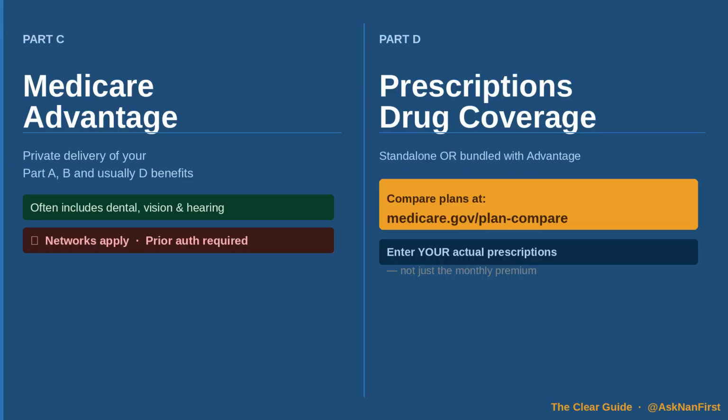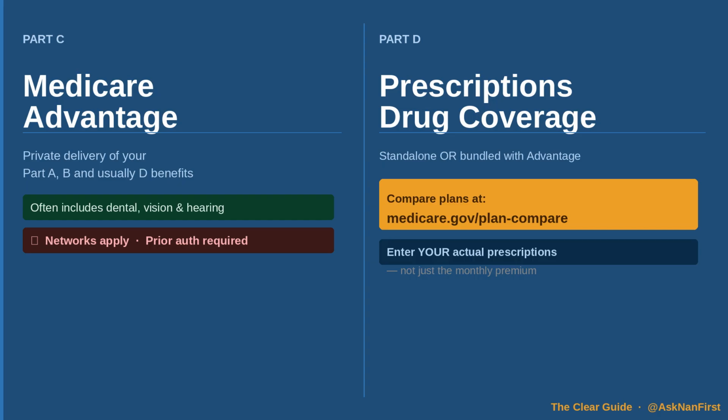Part C. This is Medicare Advantage. It's not a separate type of Medicare. It's a different way to receive your hospital, outpatient, doctor, and usually prescription benefits through a private insurance company instead of directly from the government.